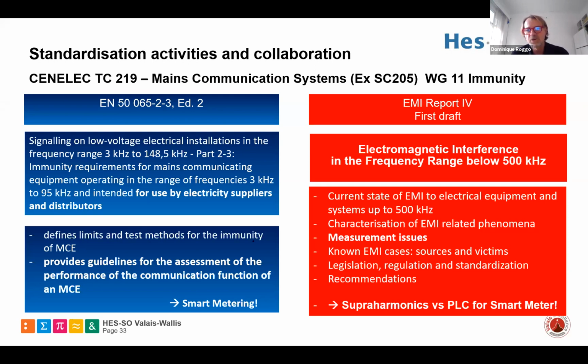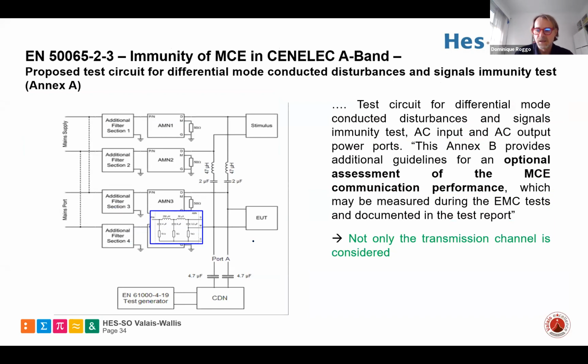We are working on the first draft where we will give the results of the project and some recommendations. What is interesting, maybe, in the last development of the standard, and this is the final draft for votes, is the inclusion of parallel components with specific impedance in the test of the influence on the communication quality.